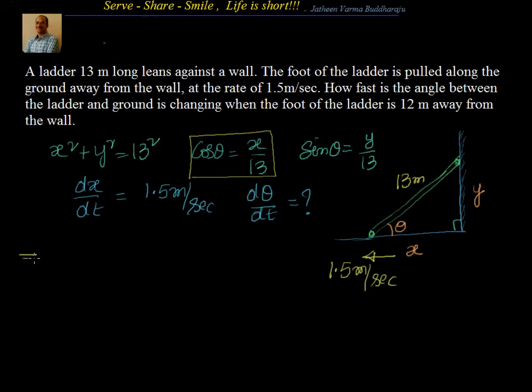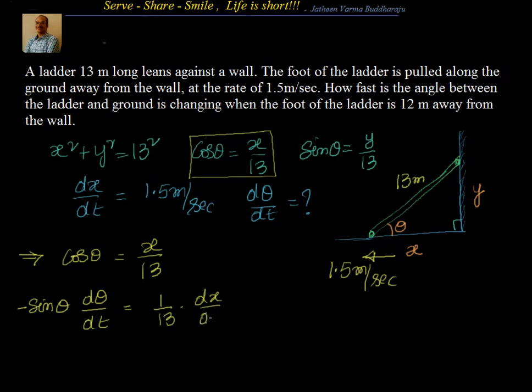So let's go ahead. Our first step will be cos theta equal to x by 13. If we differentiate on both the sides, we will have minus of sin theta into, we are doing with respect to time, so that is d theta by dt equal to 1 by 13 into dx by dt. So that is what we have.